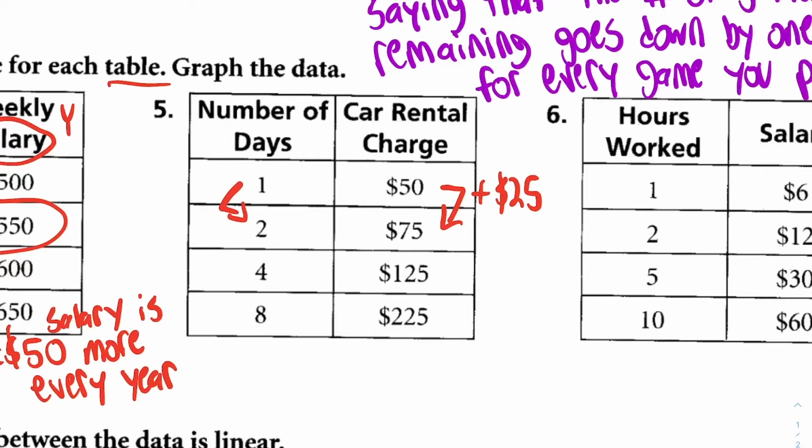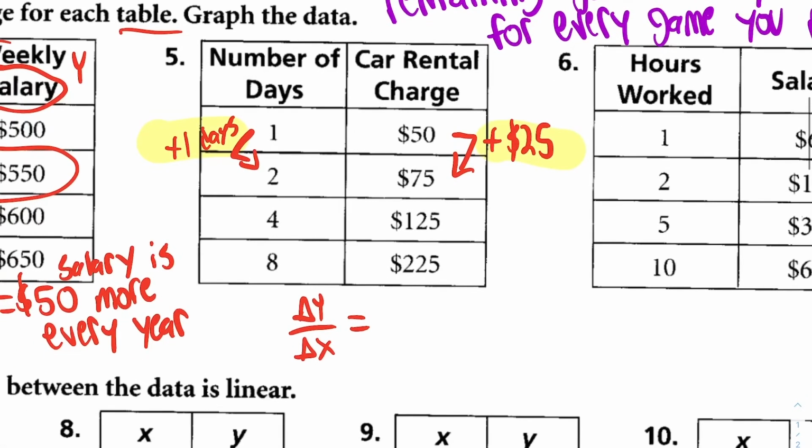From 1 to 2 is plus 1 day. Then all you need to do is take this number and divide the right one by the left one. Divide the one with the y by the one with the x. And that'll make $25 per 1 day, which is just $25 per day.